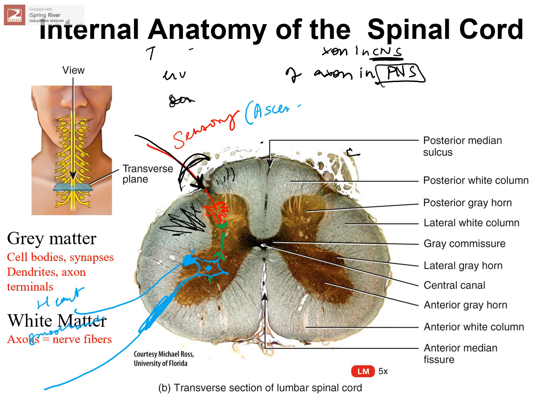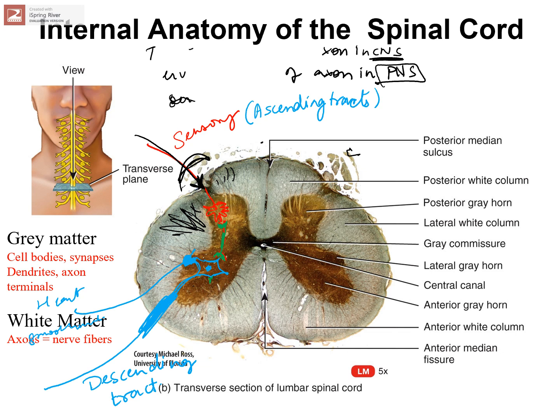So this sensory tract over here is also known as the ascending tract, because information is carried up to the brain, and the motor tracts over here are also known as descending tracts.